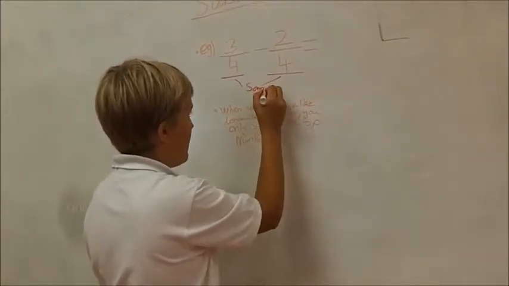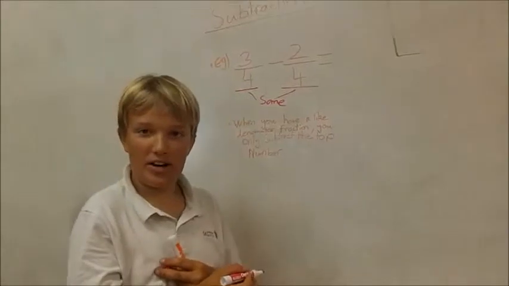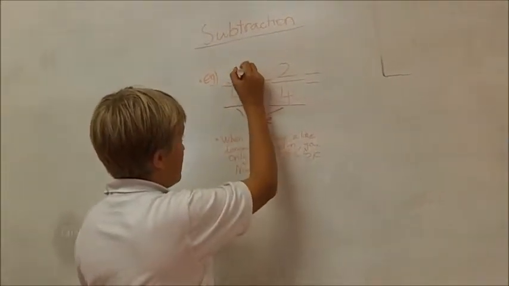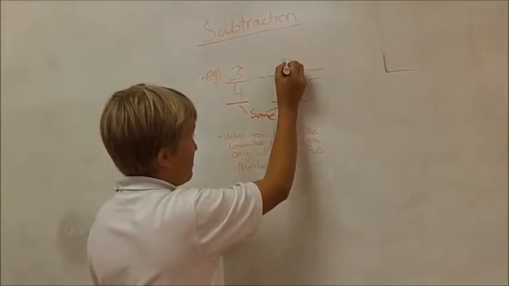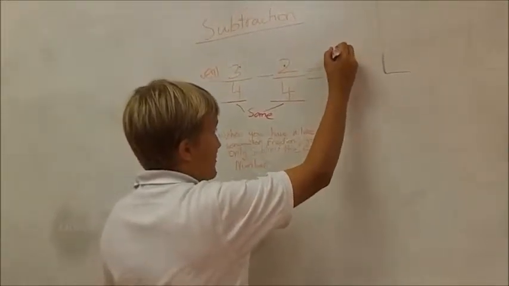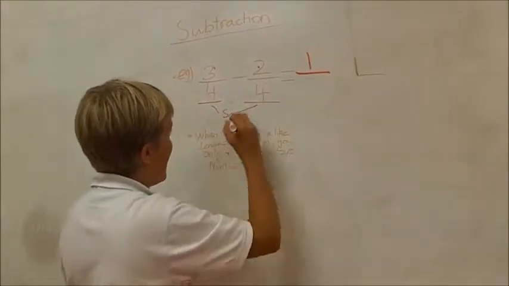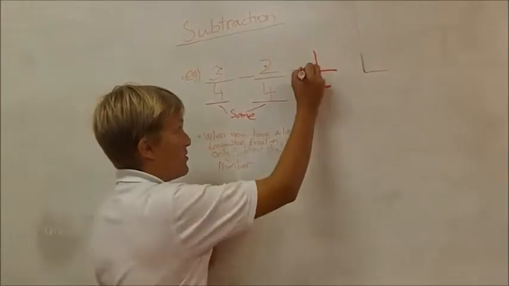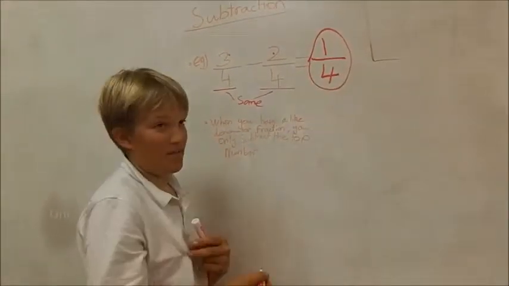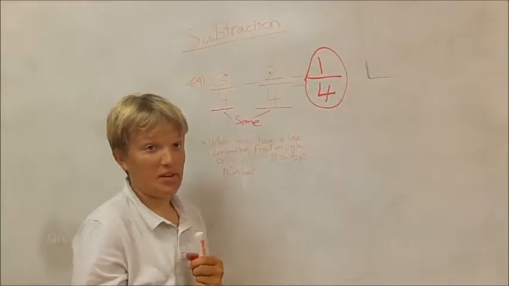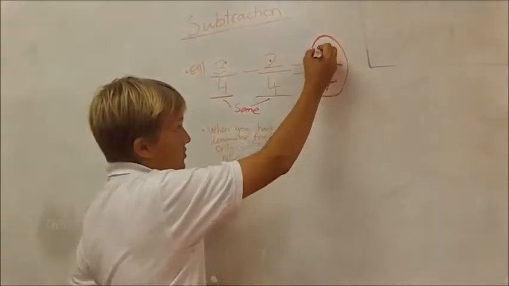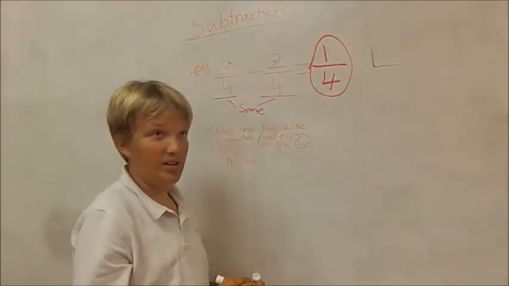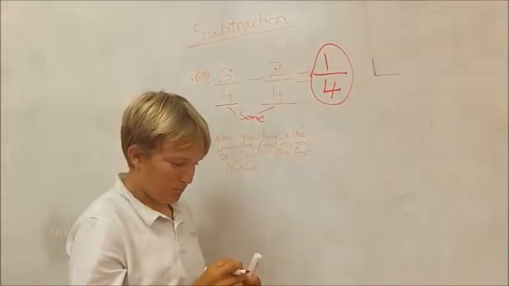So how you work out the fraction is you minus this one from this one, which gives you 1, and then the denominator stays exactly the same, which gives you 1/4. And if you get a fraction which has an even number on both the top and bottom, it means you have to simplify it down, but in this case you don't.